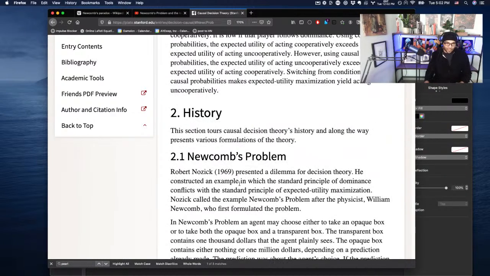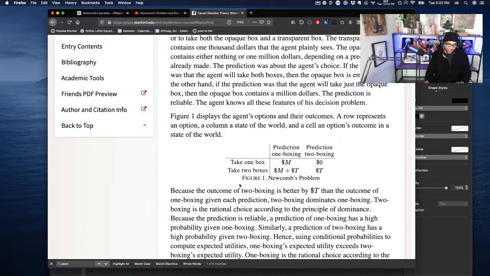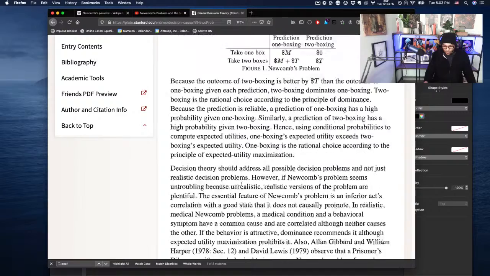From one standpoint, you could say pick the box where the machine is going to put in $1 million, because you always get $1 million. But the other standpoint is to say, well, if you already decided to pick that box, and so you know there's $1 million in it, then you know that if you took both boxes, you'd get $1 million and $1,000.